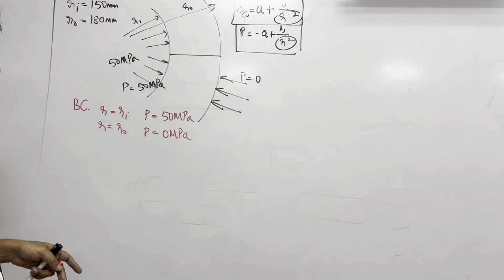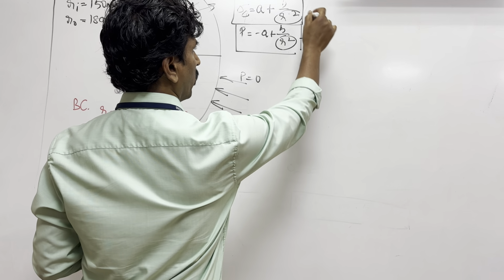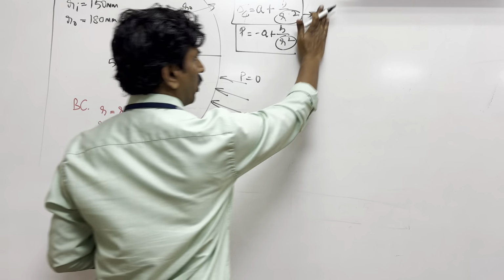So once knowing this boundary condition, you can start applying this. Since both the values of P are known, you can apply them in the equation of radial stress.